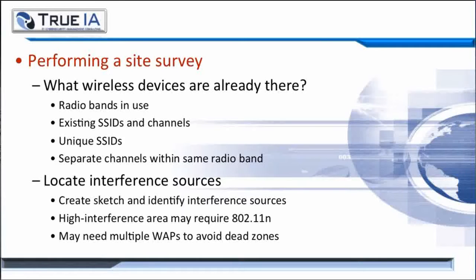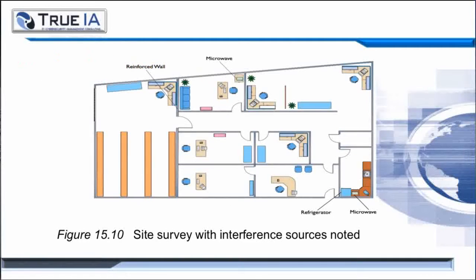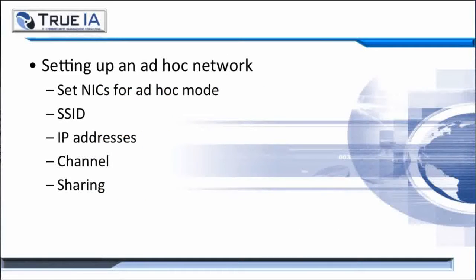You'll need to identify and locate potential spots for interference. And you'll absolutely need to create a sketch where those interference spots or interference sources are clearly identified so you can begin to plan around them. You may need, for instance, to deploy multiple WAPs into an area to avoid dead zones. Here you see a basic sketch of a site survey with the potential interference sources well documented.